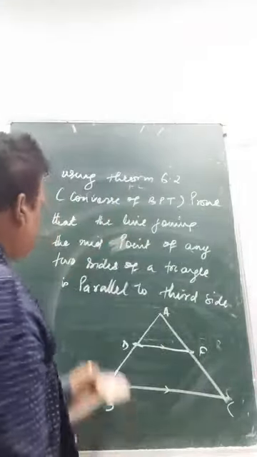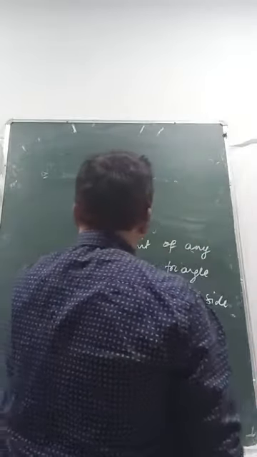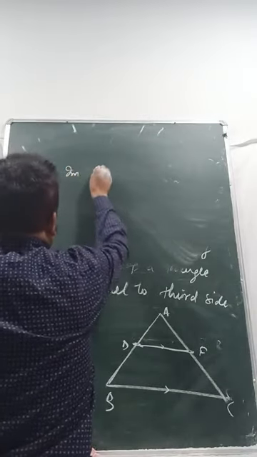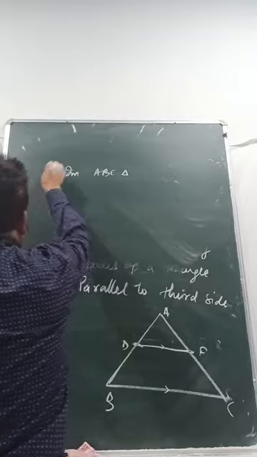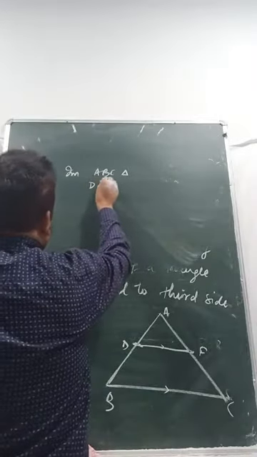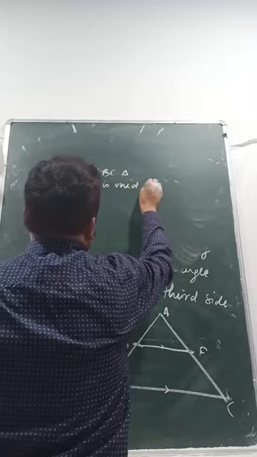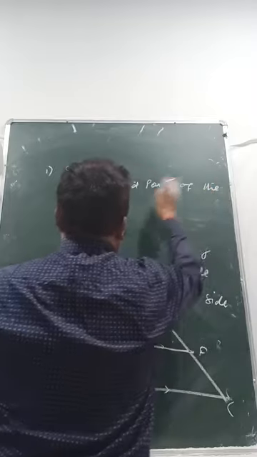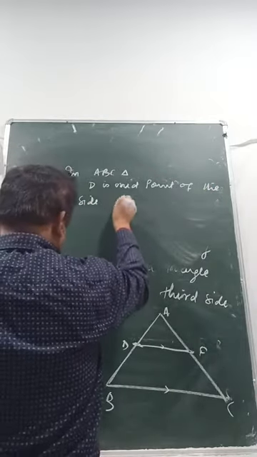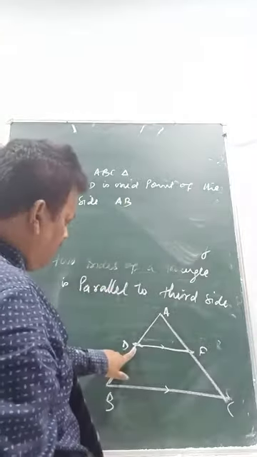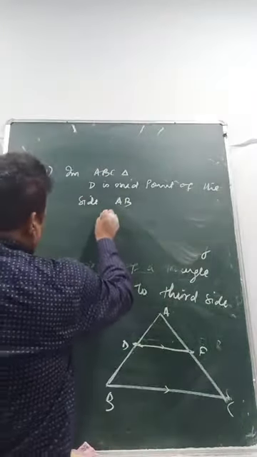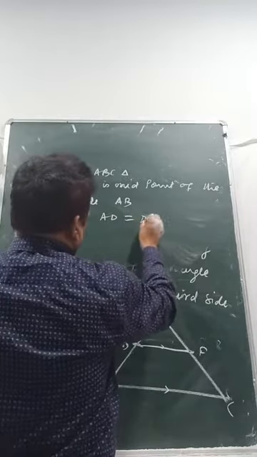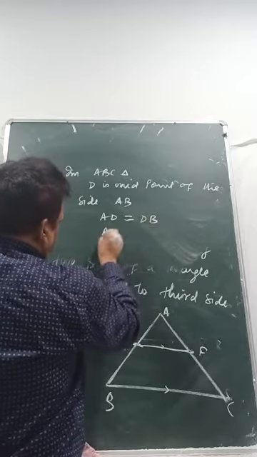The concept is the same. Okay, now look. In triangle ABC, D is the midpoint of the side AB. A midpoint means these two parts are equal. So AD equals DB. If this is equal, then what is AD by DB?